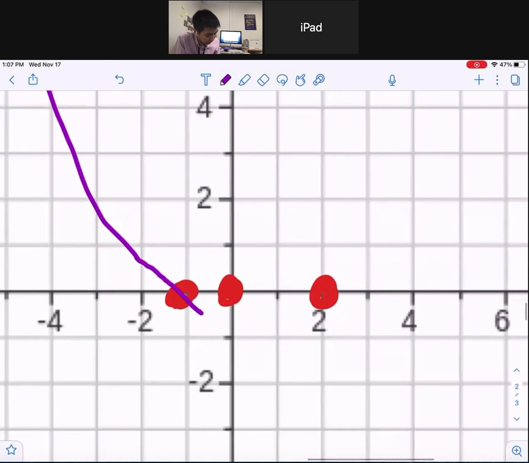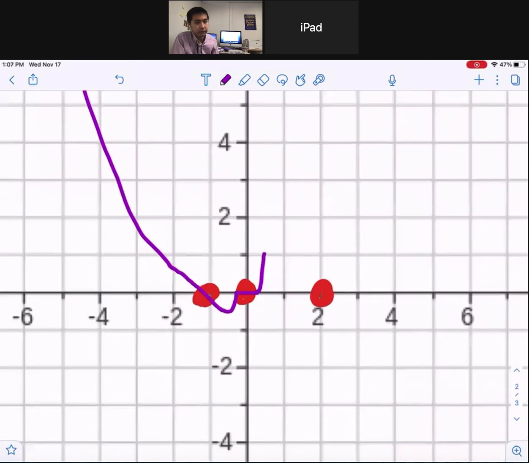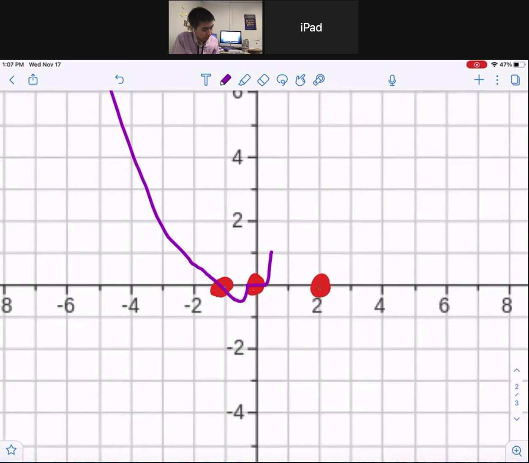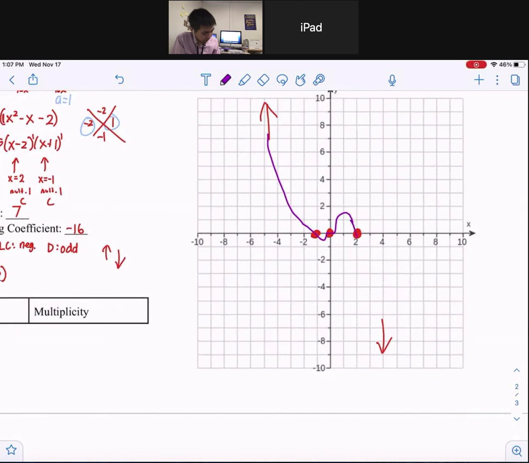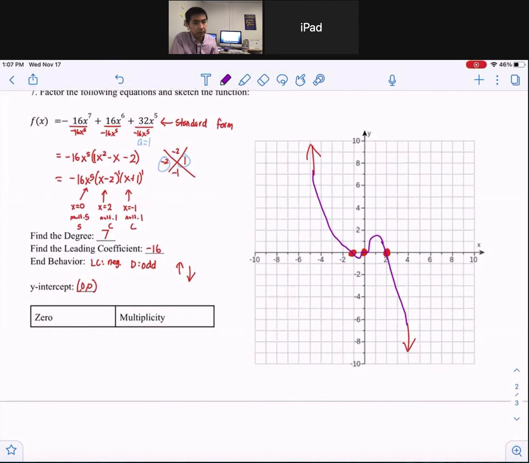So curve it, go up to it, slide, and then go through. Okay, and then curve it back down so that we can approach the next 0. And at x equals 2, that is a cross. So we're going to cross it right there. And there we go. Okay.